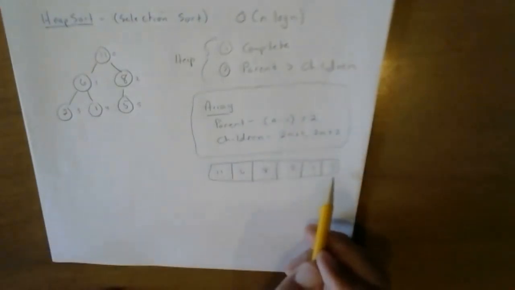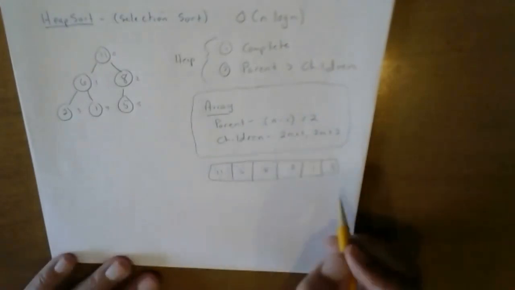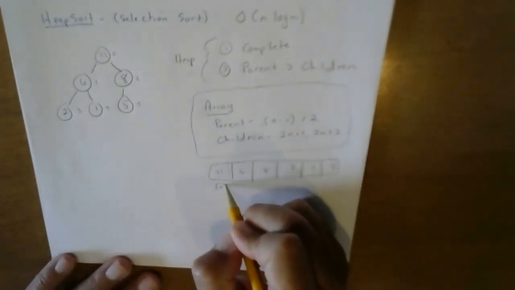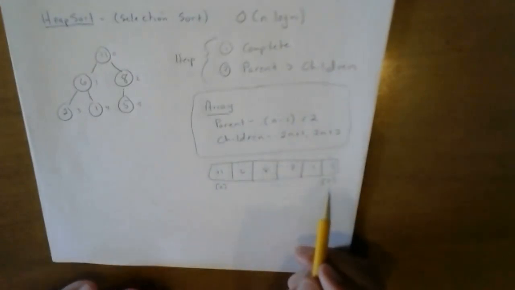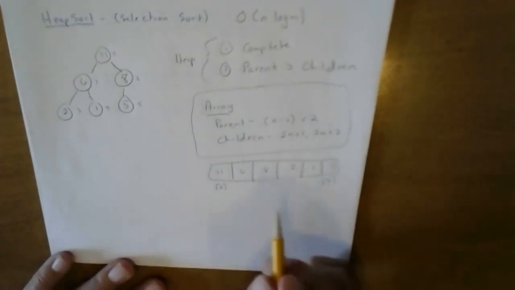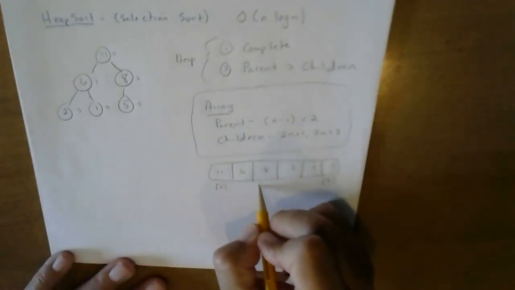And I wanted to know where the parent was for 5, I would look at the subscripts, 0, 1, 2, 3, 4, and 5, and say its parent is at 2, the parent should be at 8.